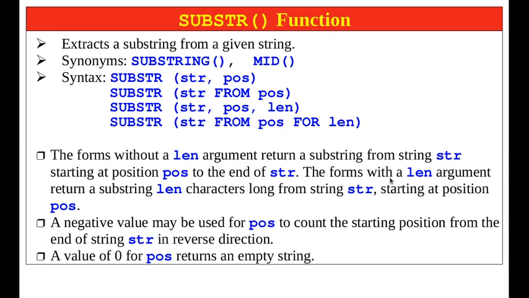The forms with a length, like the last two, return a substring with that many characters from the string. Next point is about giving a negative value for the position. Let's see how it works.